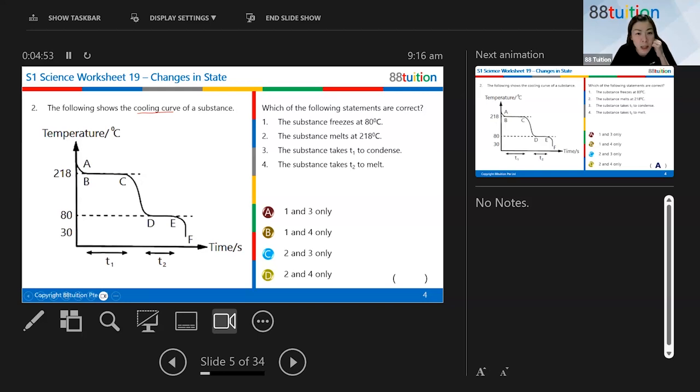Okay, Dina, can you tell me for this range here, AB, what is the state of this substance? So from A to B, what's the state? Dina?